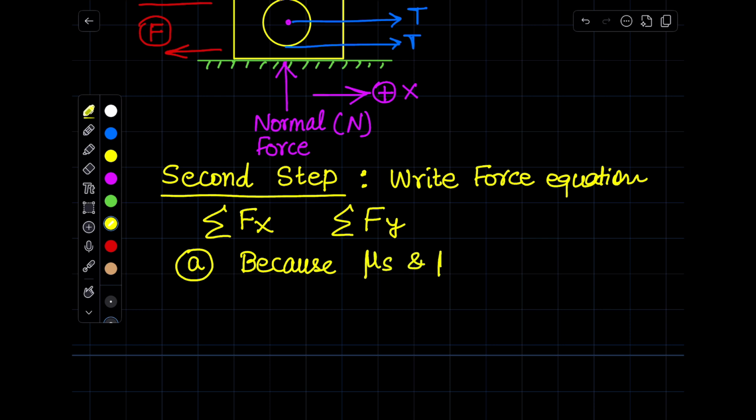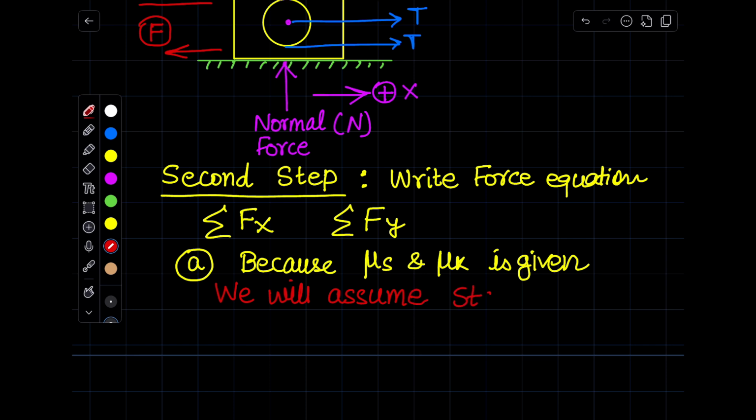Also in this problem, the static friction and kinetic friction are given. So we will assume that this block is in static equilibrium. This is just our assumption before solving this problem.